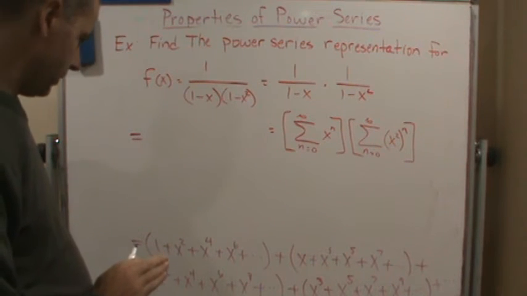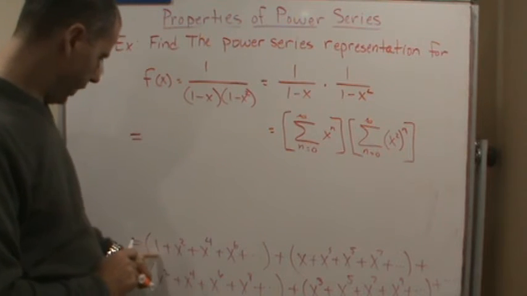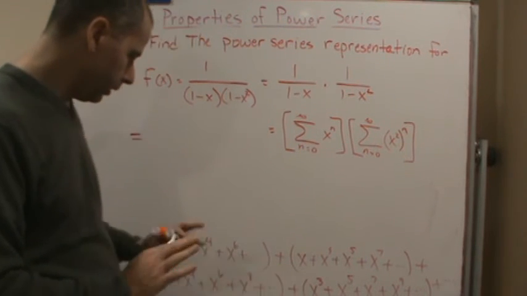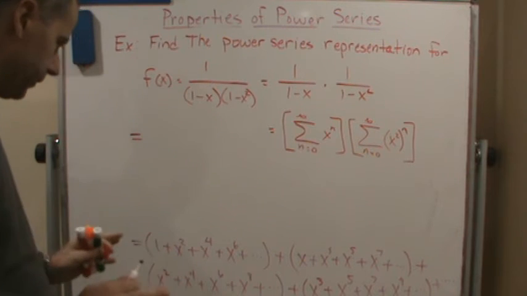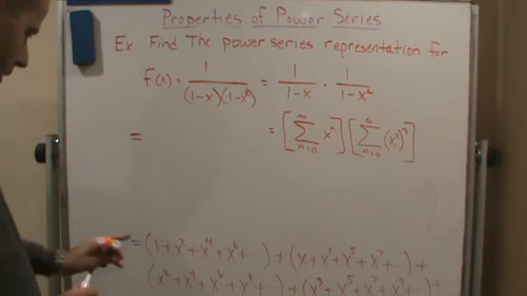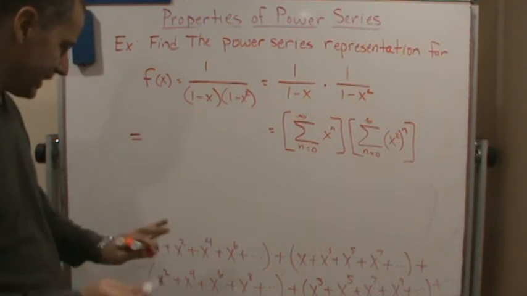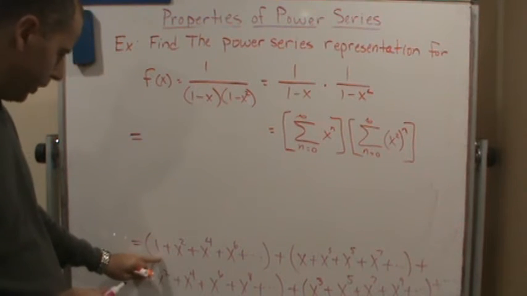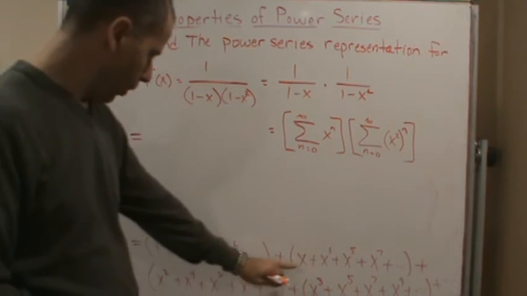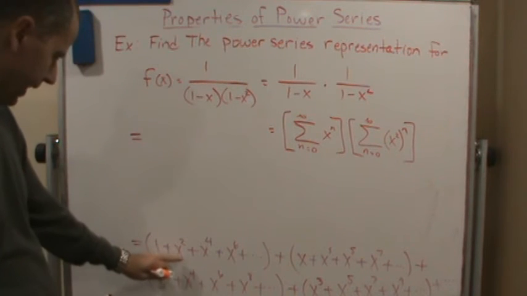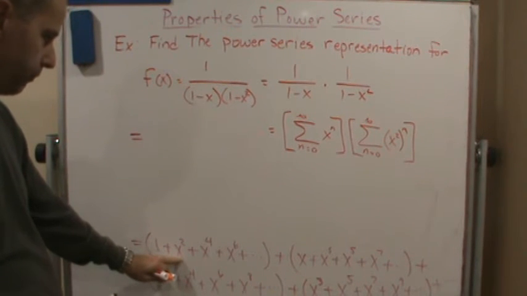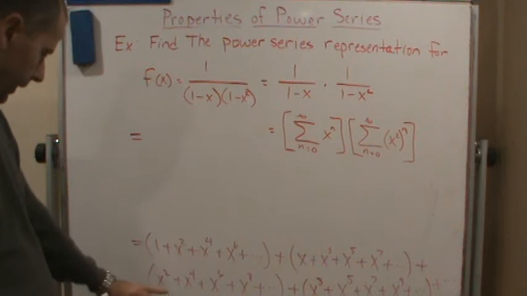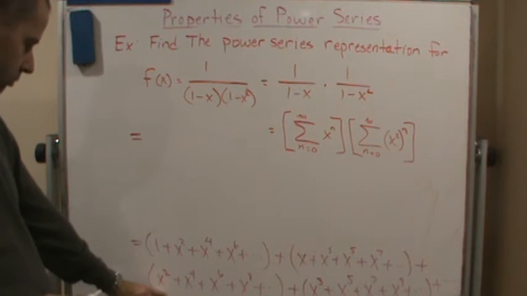notice that I've got a 1 here and an x here, okay? Other than that, when I add these together, I've got one of these, 1, I've got 1x, and then I've got an x squared here and an x squared here, and that's it, just 2 of those.